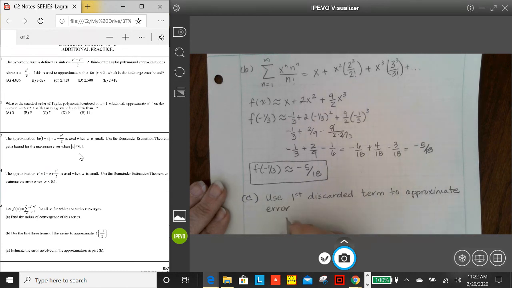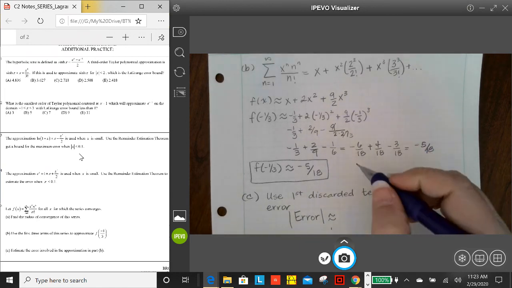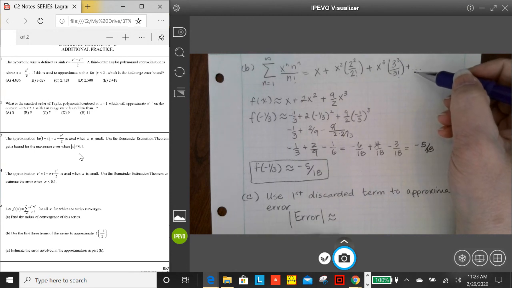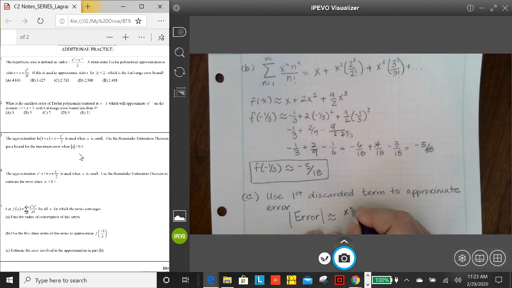Okay, so I'm going to say the magnitude of the error is approximately, well, what happens when I have the next discarded term? That's going to be x to the fourth times 4 to the fourth over 4 factorial, where we let x equal negative 1/3, because that's where our approximation is.